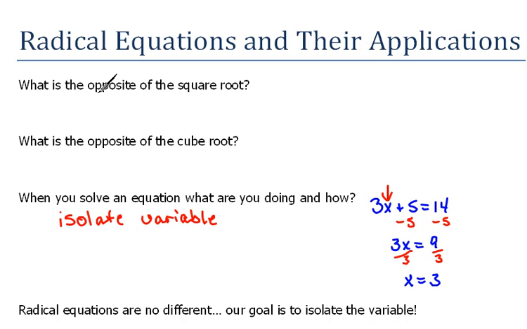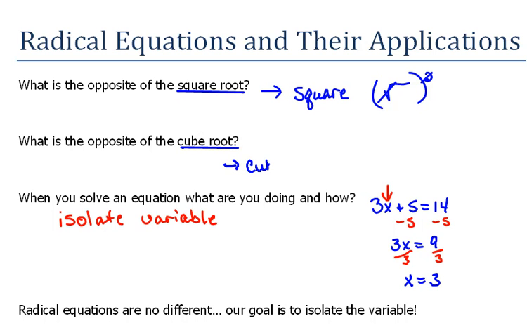So think about, what is the opposite of the square root? Well, the opposite of that would be to square. Remember that if you have a square root, we square to get rid of that square root. Same thing with the cube root. The opposite of the cube root would be to cube.